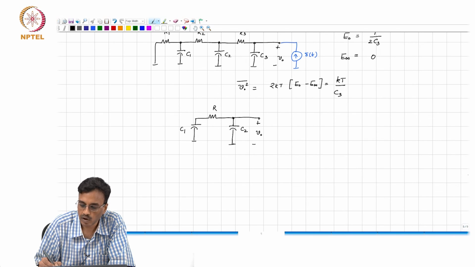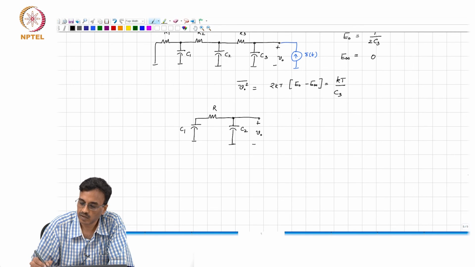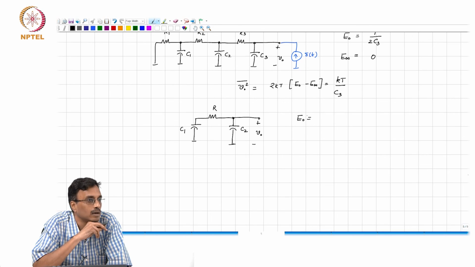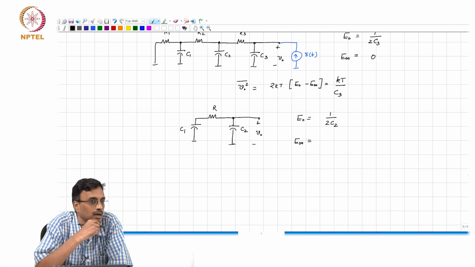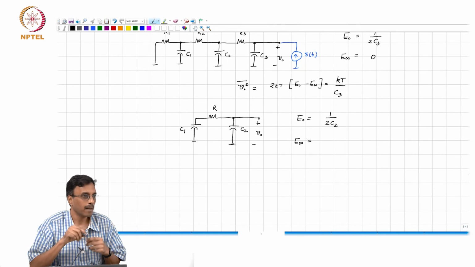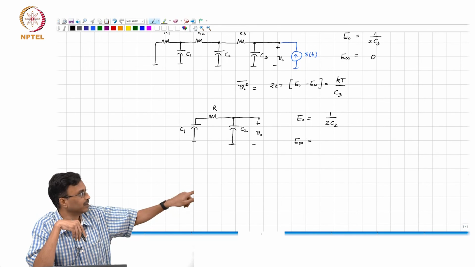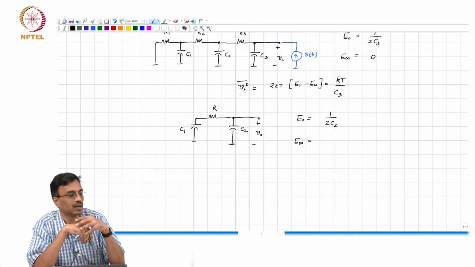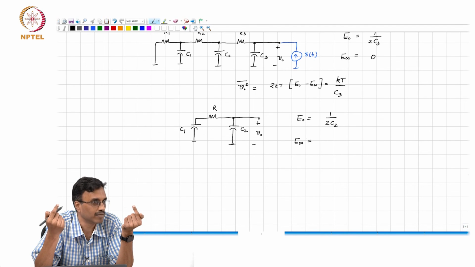Okay. As a final example, let us say this is the output noise we are interested in. So, what is E0? E0 is nothing but 1 by 2C2. What is E infinity? What is the voltage at t equal to infinity? 1 by C1 plus C2, because at t equal to infinity all you need to do is simply replace the resistor with a short, because no current flows through the resistor at t equal to infinity.